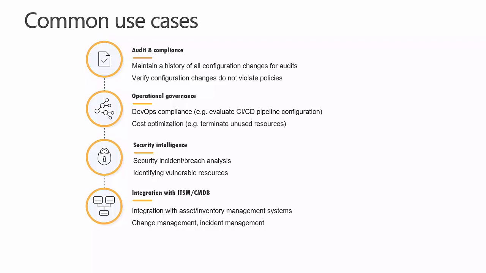AWS Config is also commonly used for security intelligence. For example, reviewing the changes that occurred after a security breach, or identifying resources that are not encrypted. And lastly, AWS Config can be easily integrated with your ITSM tools to enable incident and change management workflows at your end.